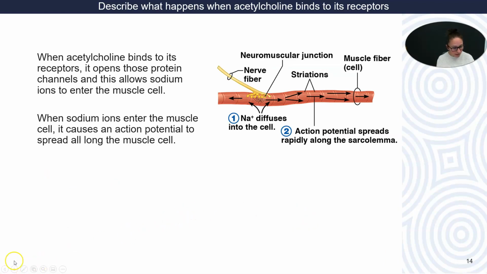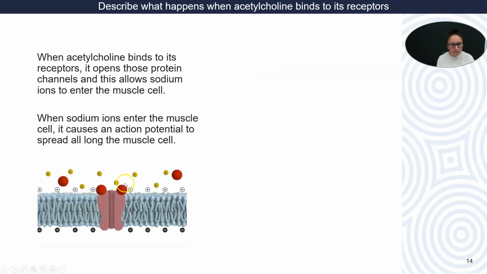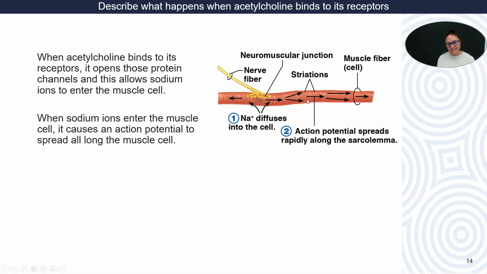So let's go back a step. Sodium moves from the outside of the muscle cell to the inside. Here's a little picture that shows you that. Here is the neuromuscular junction. This is the motor neuron. This just means stripy.